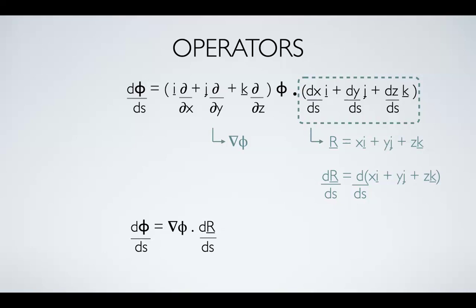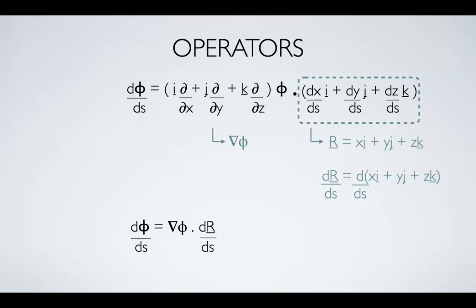So what would be the product for this equation? Is it scalar or vector? Let's take a look at each. Del phi, is it scalar or vector? Vector, definitely. Why is it vector? If you go back here, even if phi is scalar, it's defined with ijk. So del phi is vector. What about dr by ds? Vector.